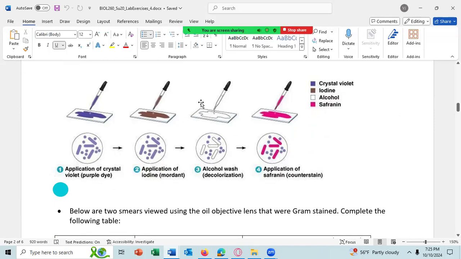And then we do the alcohol wash, where the gram-negative cells become clear, the gram-positive cells remain a purple color, and then we apply the safranin, and then the gram-negative cells stain pink, but the gram-positive cells are purple.